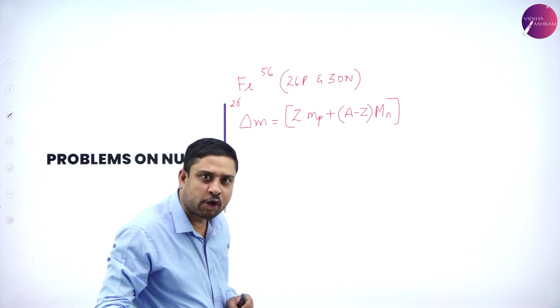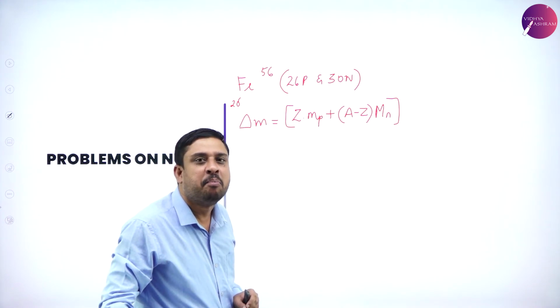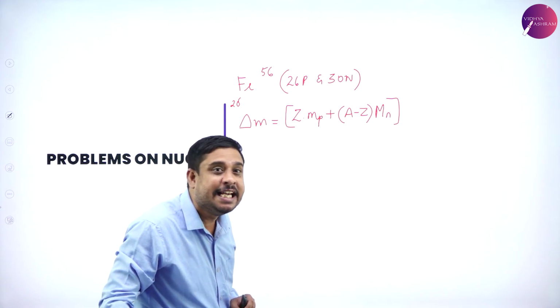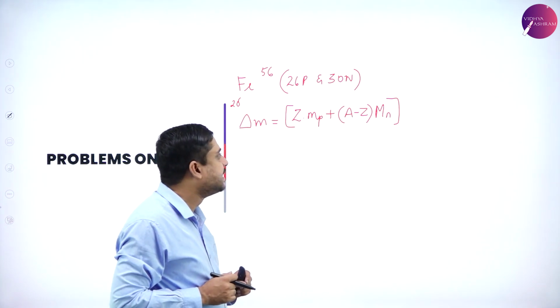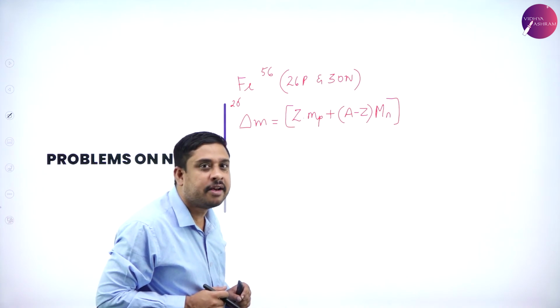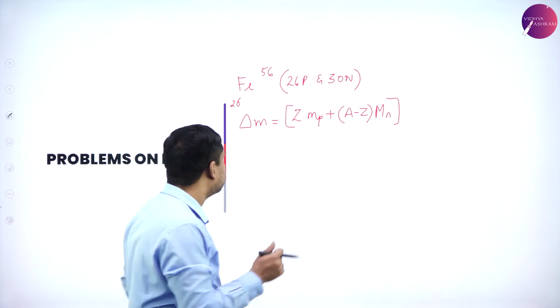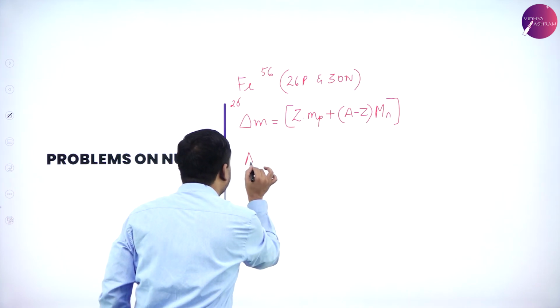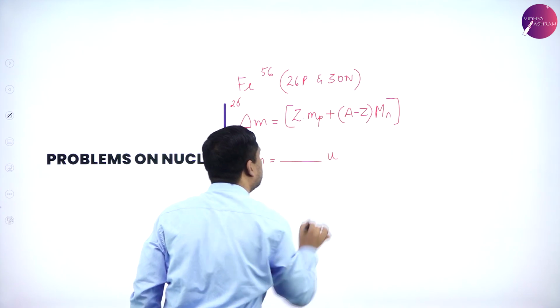Z, atomic number. Mp, mass of each proton. A minus Z, number of neutrons, Mn, mass of each neutron. So that will give you the mass defect, so many units.